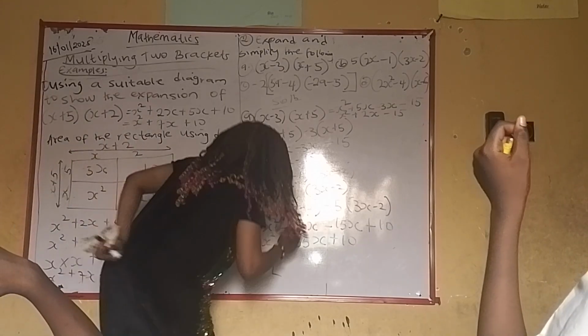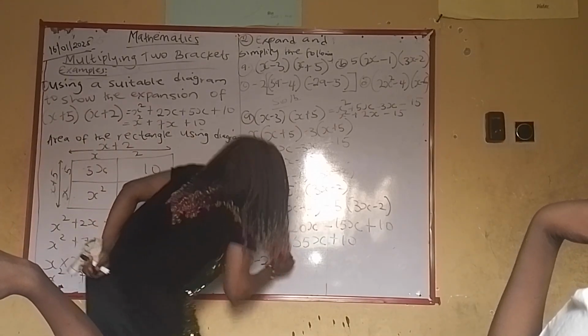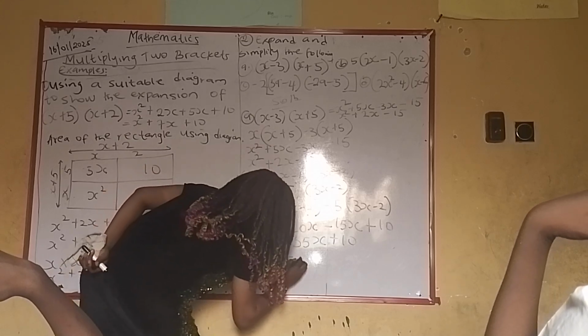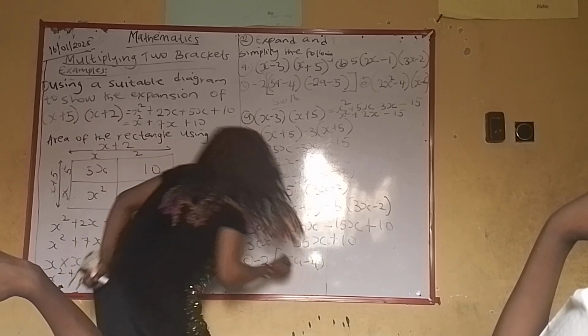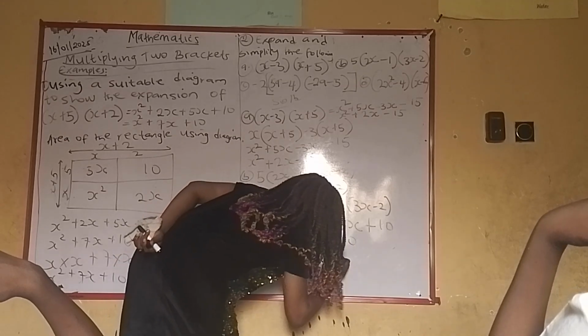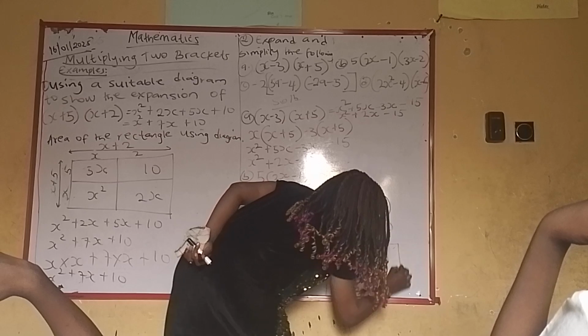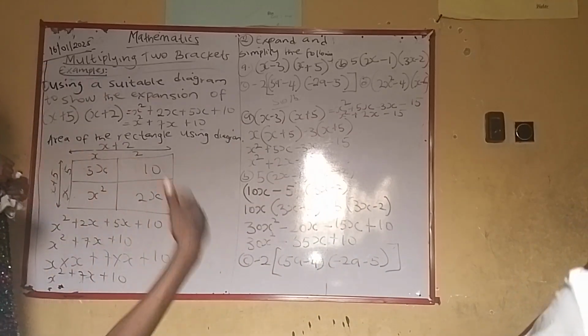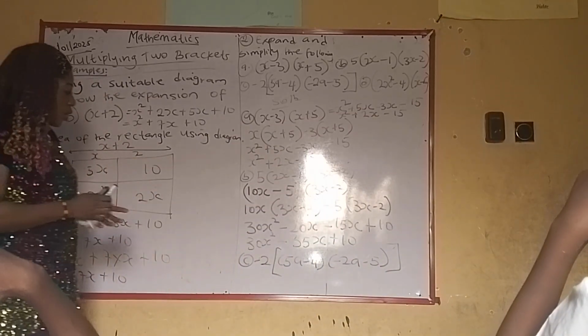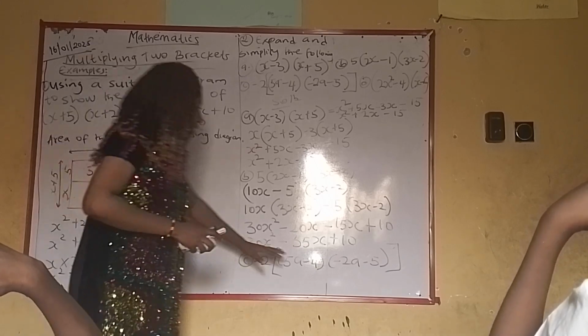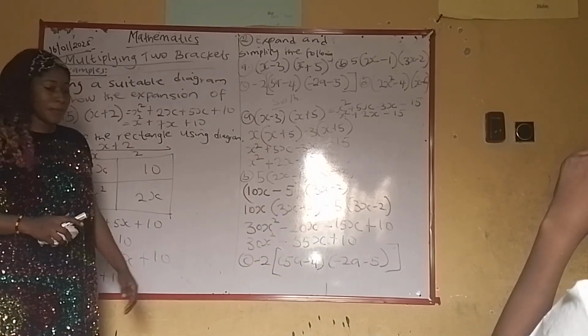Let's do it. So we have 5a minus 4 bracket close, minus 2a minus 5 bracket close, then the bigger bracket close. Okay, so let's work on this first.